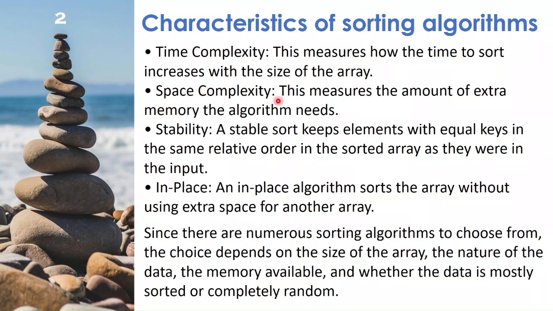Then there's space complexity. This measures the amount of extra memory that the algorithm requires. Let me explain this alongside in-place. An in-place algorithm sorts the array without using extra space for another array. You give it an input array, and it just sorts it in place, as the name says. It doesn't use any other array.